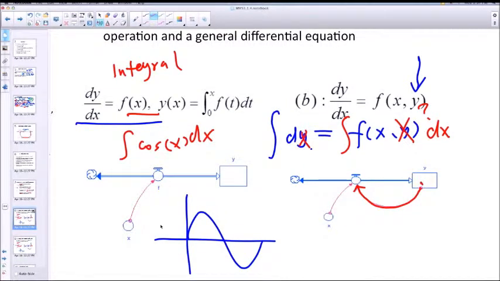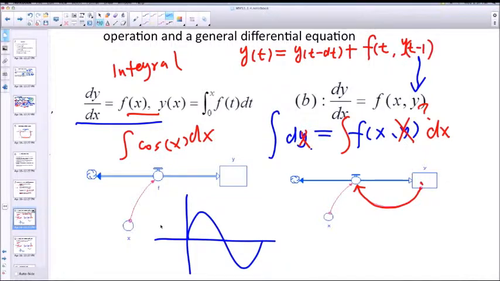So the equation you can write as y right now equals y a moment ago plus the f t right now, and the y a moment ago, here's the key, is just t minus dt. That's a moment ago. And you can keep doing it.